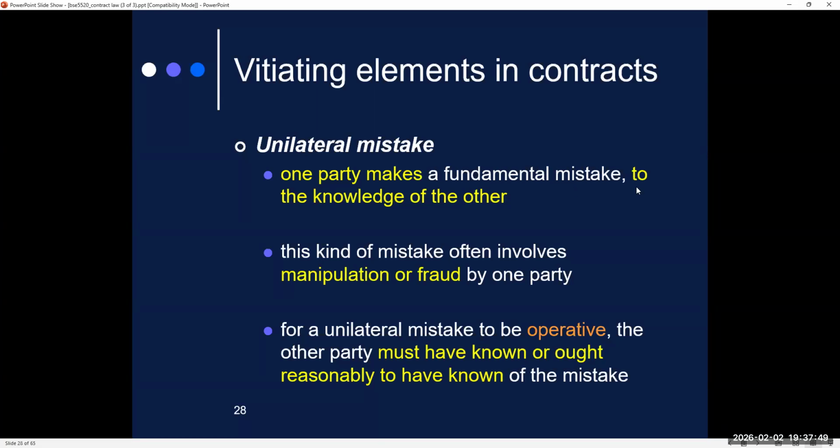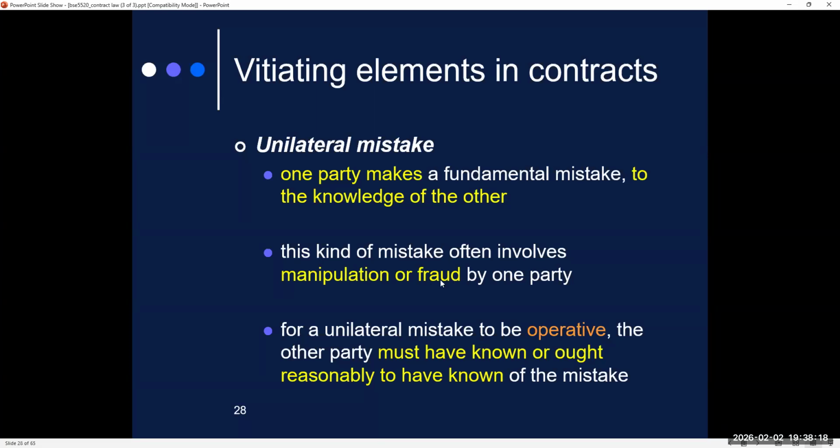Now, there's a condition that the other party knows about it. So now we have two parties, A and B. Say A made a mistake, and at the same time, B knows that A made a mistake. It is this statement.